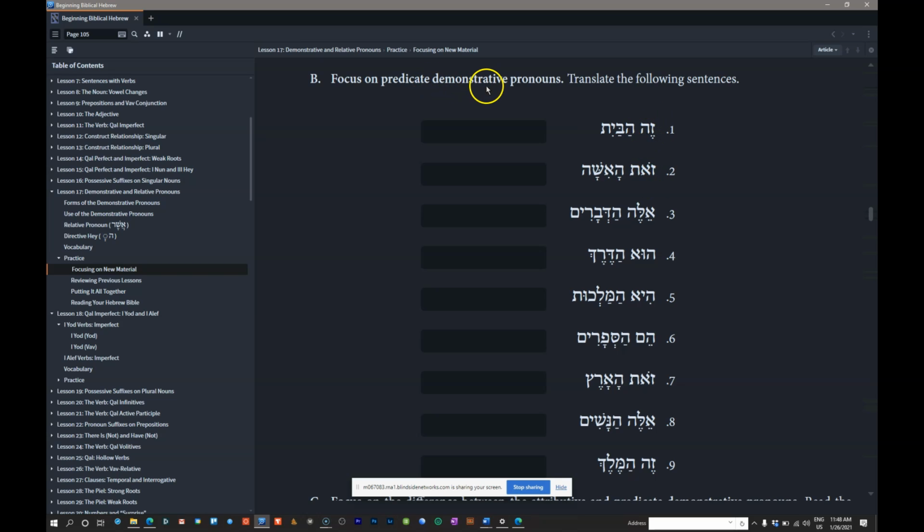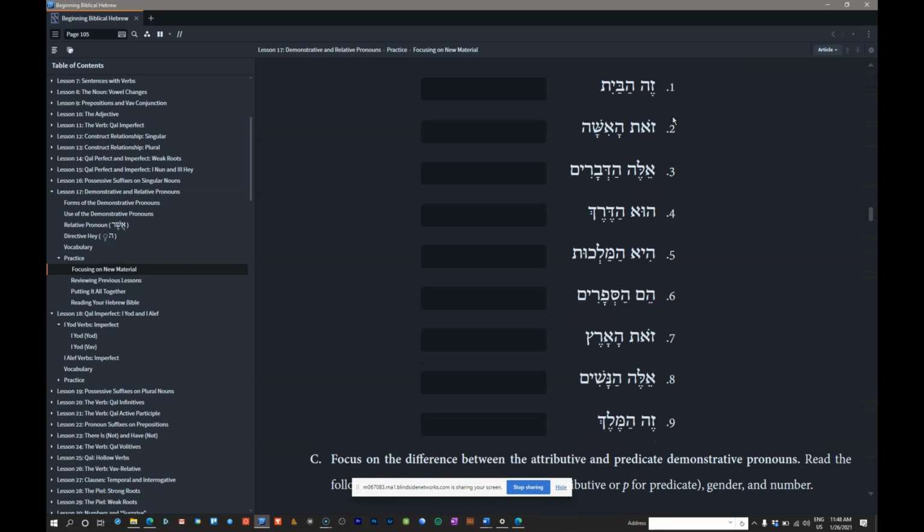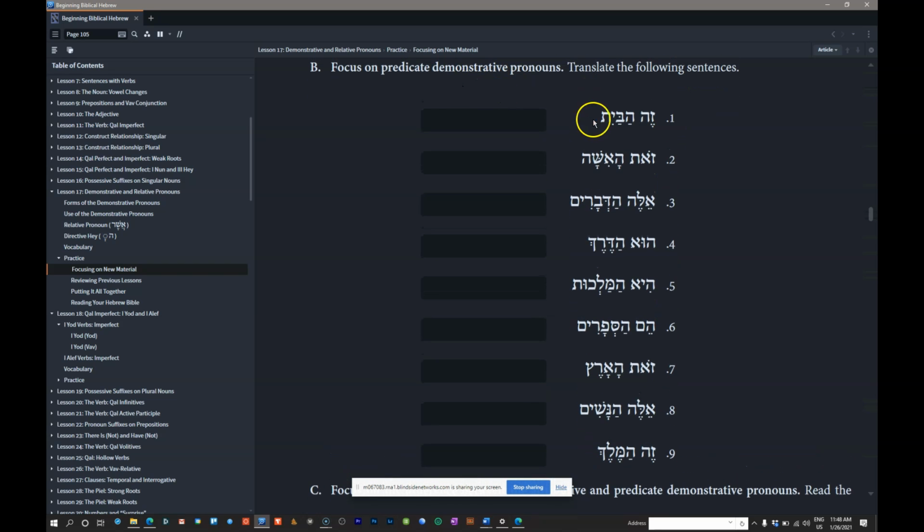And does every single demonstrative lack the article? Well, let's see. That's the case in number 1, number 2, number 3, 4, 5, 6, 7, 8, 9. Every single one, the demonstrative precedes its noun, therefore it's predicate, and in every single one, it lacks the article, whereas its noun has the article.